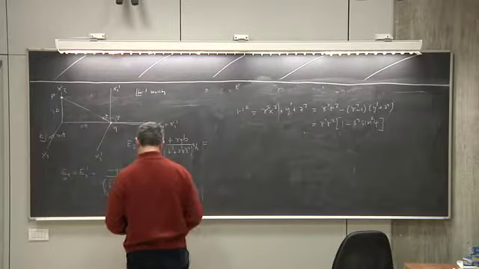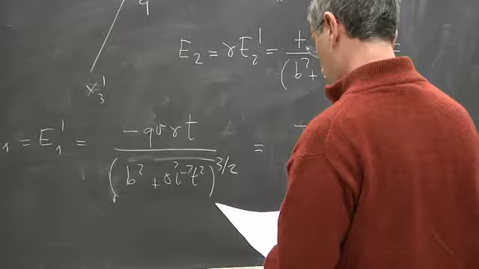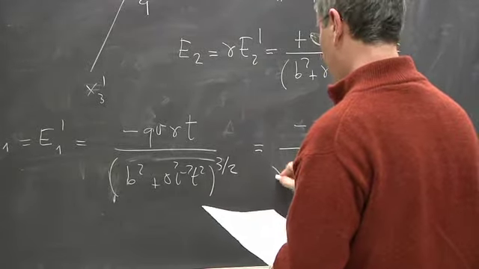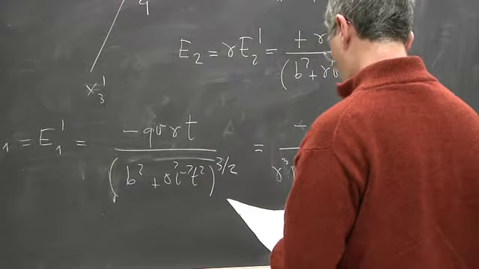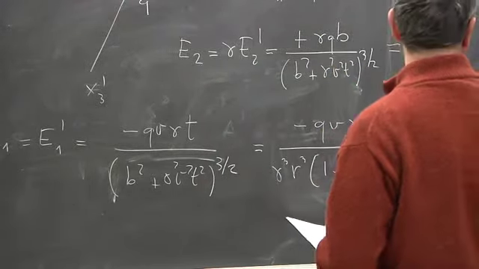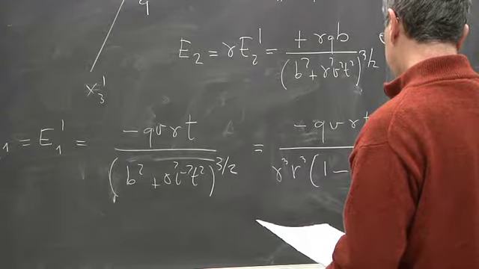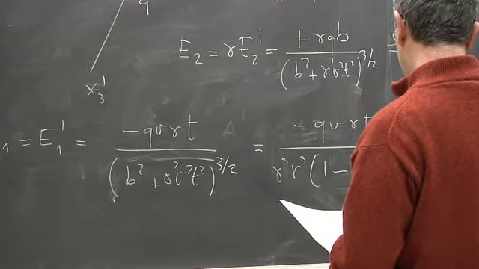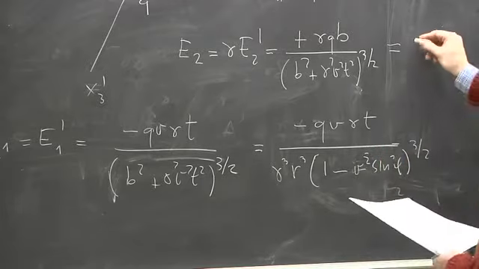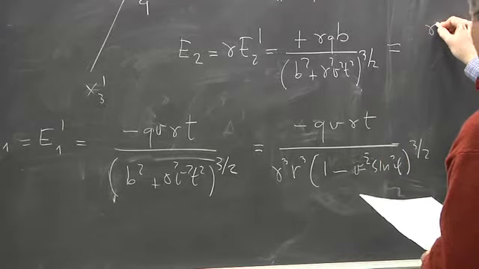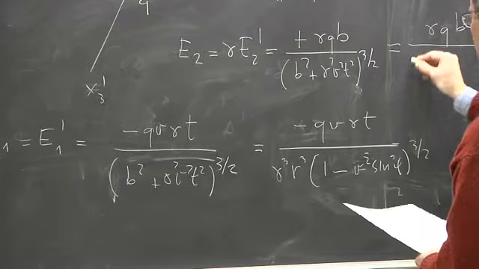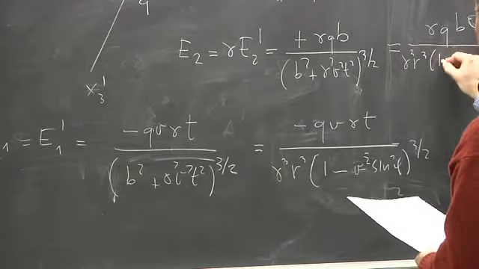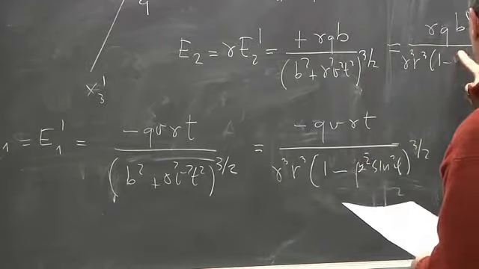So I replace with that, I get minus q v gamma t divided by gamma cube r cube 1 minus beta square, that is v square divided by c square, but forget it, 3.5. And the same up here, gamma QP divided by the same factor. Well, I like beta more.